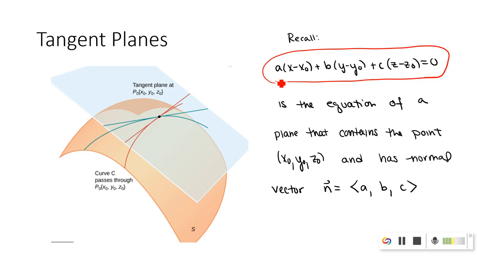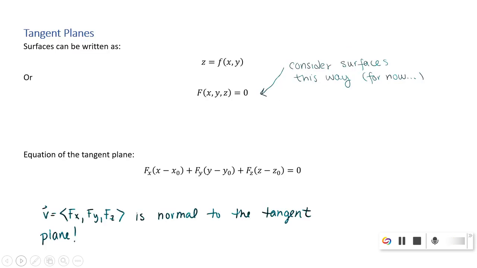And I just wanted to remind you that those numbers in front of the x minus x naught, y minus y naught, z minus z naught, those coefficients on your x, y, and z actually come from your normal vector. So a vector that is orthogonal, or you could think of it as perpendicular to that plane. So this is what we're going to be doing with our surfaces in space.